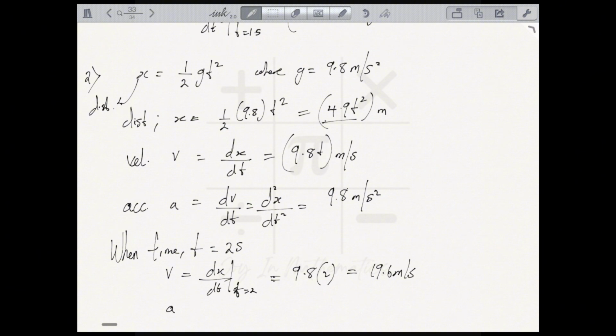However, the acceleration will remain the same because there is no variable t here. Therefore, the acceleration is still 9.8 meters per second squared, which is called acceleration due to gravity. In our next video, we'll look at 2 more examples on velocity and acceleration.